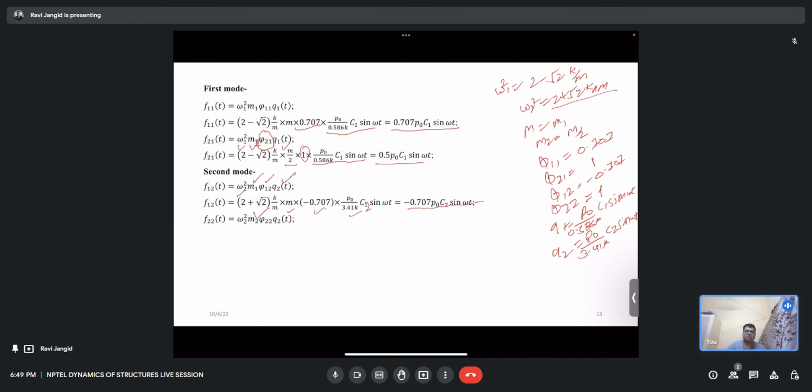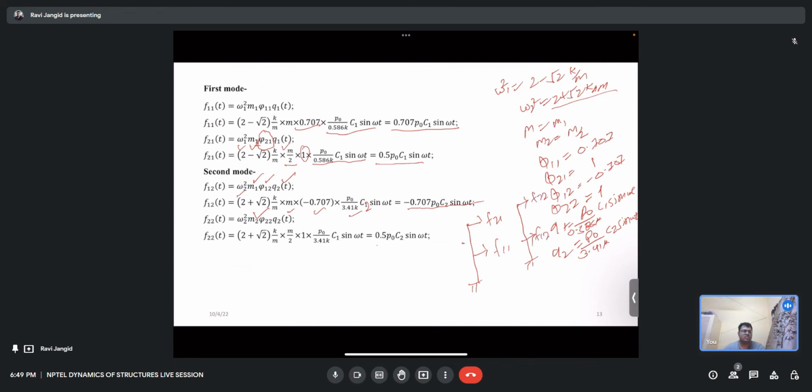If you put this in the equation, it comes out the same. So now you have the equivalent static forces: this one is f11, this is f21, and the same for the second mode, this is f12, this is f22.